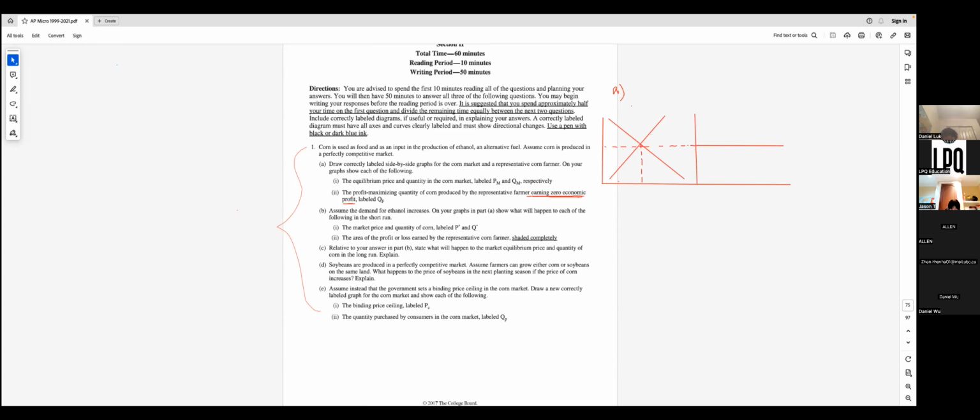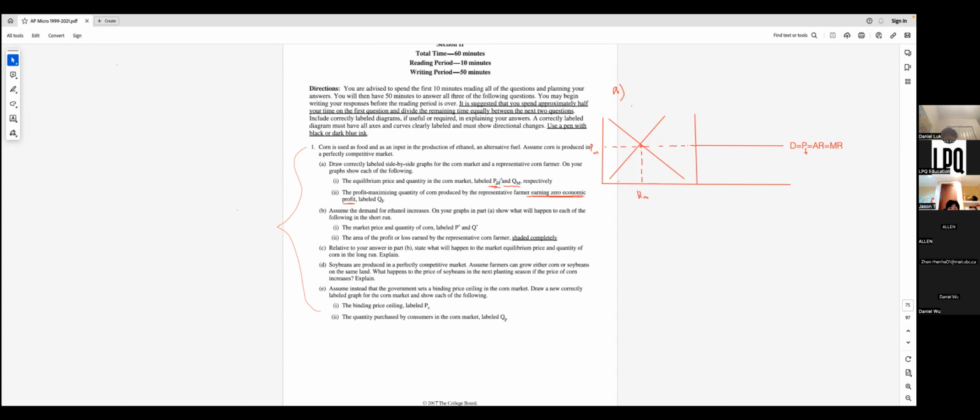It is better every time for you to add all these labels. So the labels are shown by PF, the firm-level price. This one is PM. Okay, this one is QF.